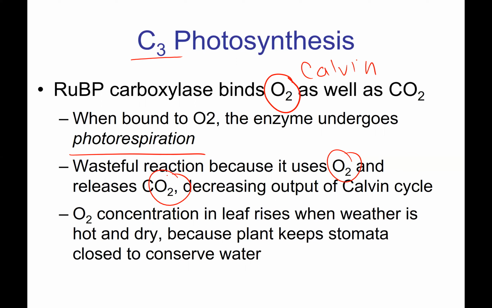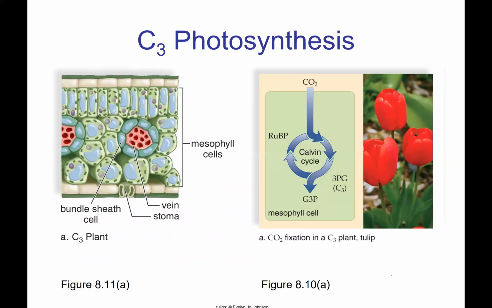Oxygen concentration in the leaf rises when the weather is hot, because plants are going to keep their stomata closed to conserve water. So in C3 photosynthesis, here's our mesophyll cell in the leaves. So these are oats, wheat, rice, things of that nature.